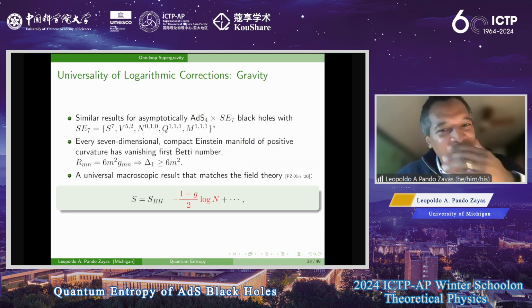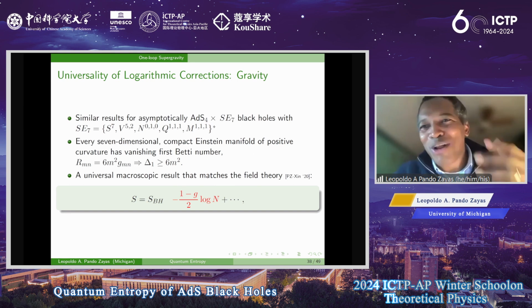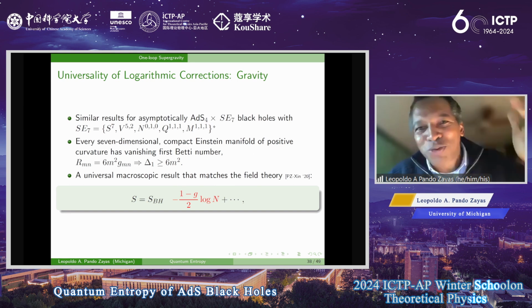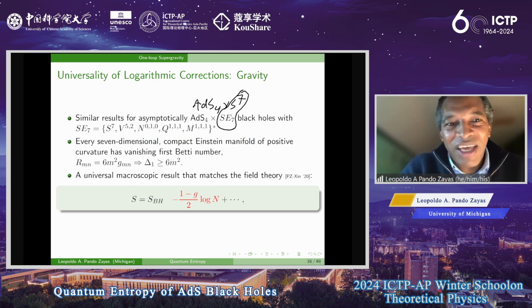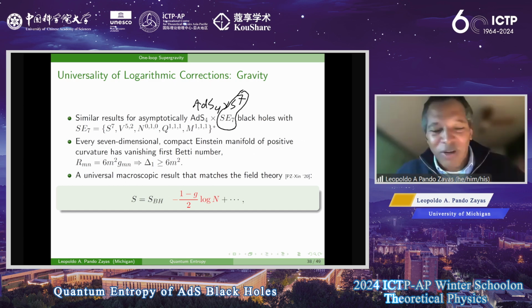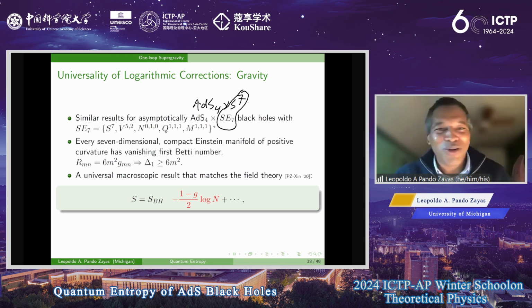Now, this computation was done for this black hole in AdS4 × S7, but in fact, this is one beautiful thing about AdS-CFT. It allows you to solve classes of problems, not just one problem. So in the same way that I described the AdS4 × S7 black hole, there are many black holes where instead of S7, I have a Sasaki-Einstein 7-manifold. Here's a partial list of manifolds for which these solutions are known.